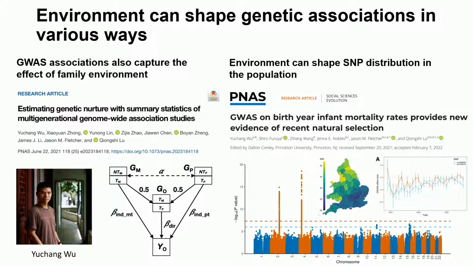In regions with lower infant mortality rate, this selection pressure is weaker. So if you are able to see genetic association with this environment, infant mortality rate, that gives you a sense of how the environment applies to the allele distribution in the human population.